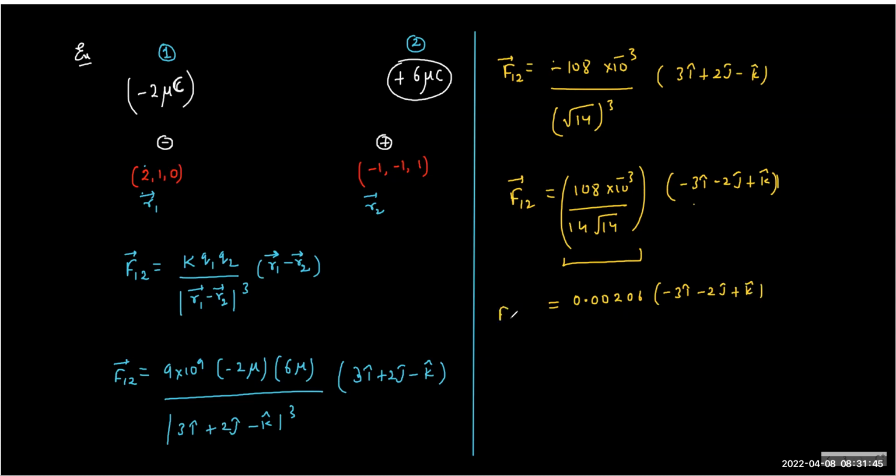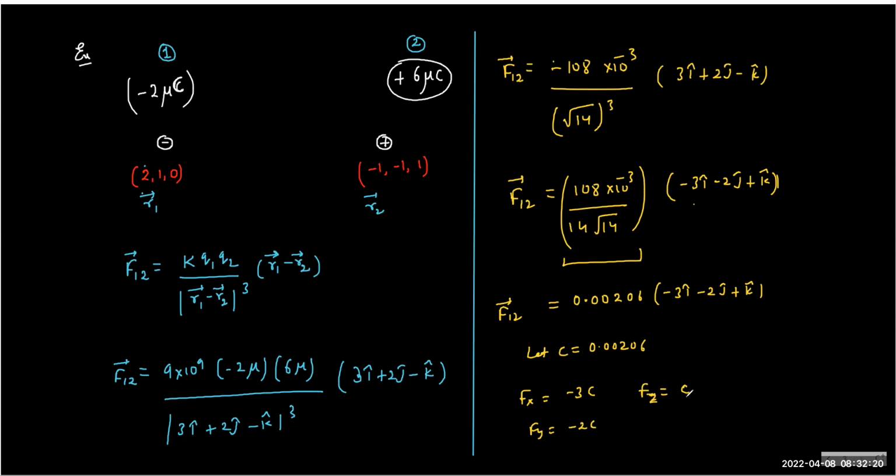Let c equal 0.00206, just to write easily. So what is the x component of the force? You can see the x component is minus 3c. What is the y component of the force? It's minus 2c. And what is the z component of the force? 1c. Very good. So this is how we write the vector notation.